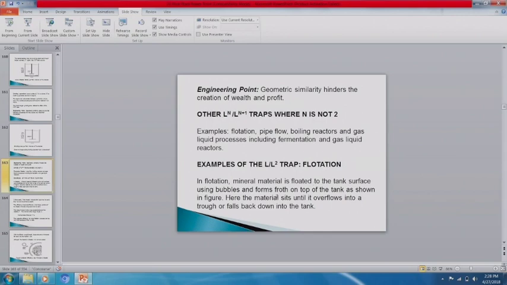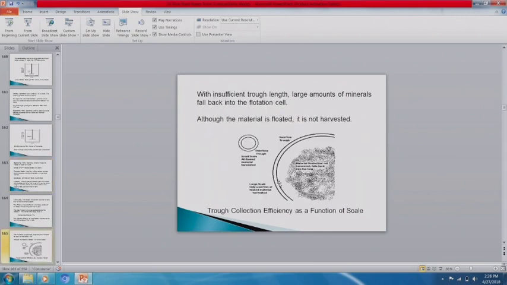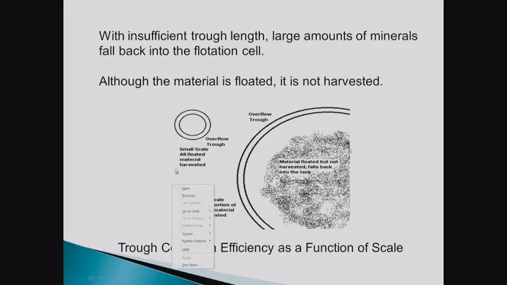Materials float to the surface of the tank. Basically what happens, you have a small tank. You did all your flotation studies in this small tank here. The material would float to the surface, okay?